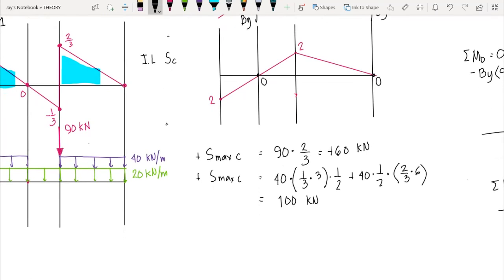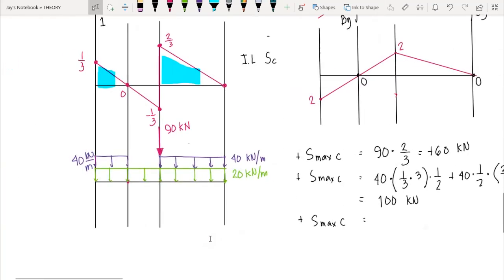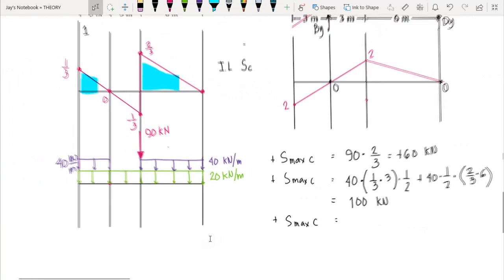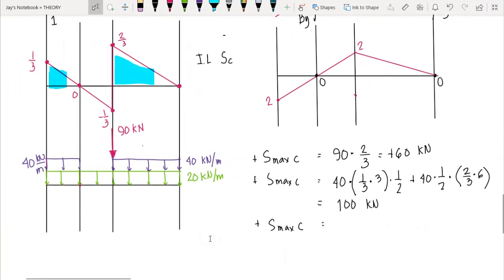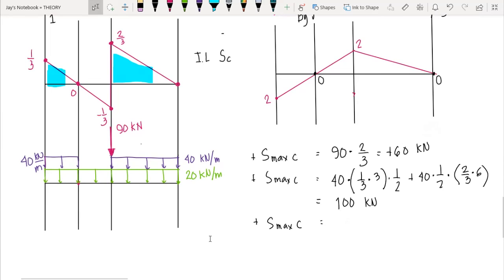Okay? And due to the dead load, we have the maximum shear at C due to the dead load. Now since we know that the dead load is acting all over the beam, we need to add all the areas, whether positive or negative. So we have here 20 times the positive area, 1/2 times 1/3 times 3.